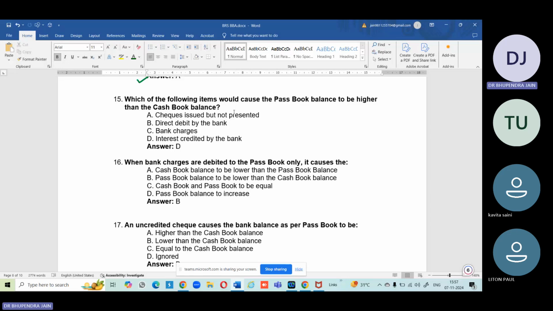Or second, interest credited by the bank. Check karte hain one by one. Check issued but not presented. Wrong. Directly debit by the bank. Not debit, directly credit. If debit, then bank balance will decrease. If credit, then bank balance will increase. और यहाँ बात कर रहे हैं increase का, higher का. Bank charges? No. Or interest credited by the bank. So correct answer is D.